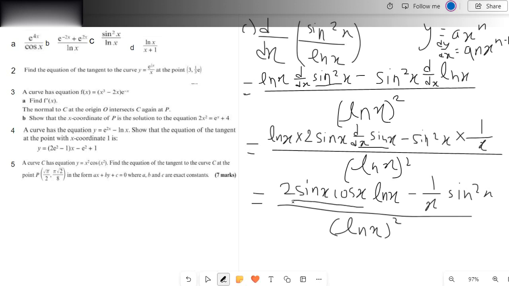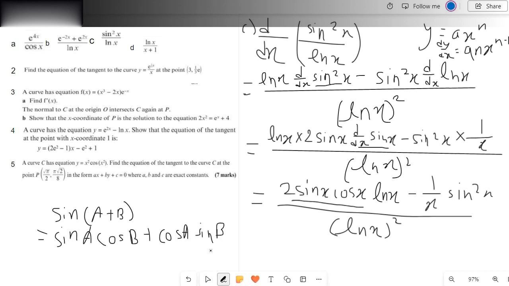We can also write 2 sine x cos x as sine 2x, if you remember the formula for sine(a plus b) from my previous video, which is sine a cos b plus cos a sine b. So substituting a equals b yields the equation sine 2a equals 2 sine a cos a.